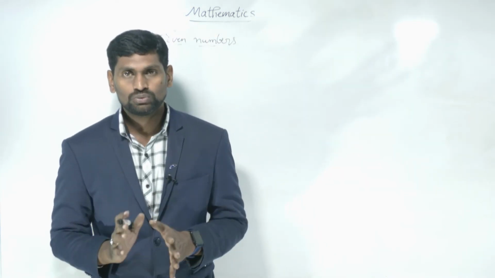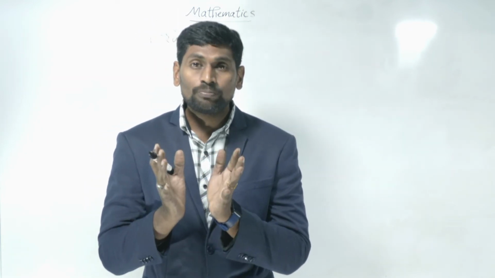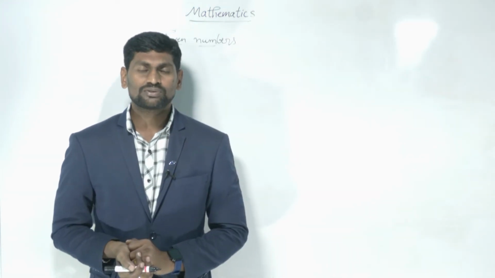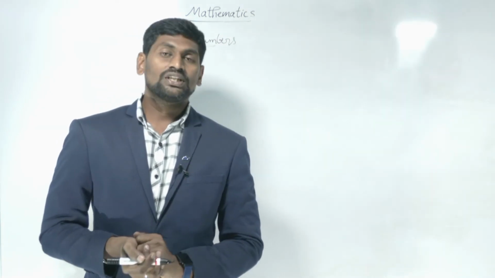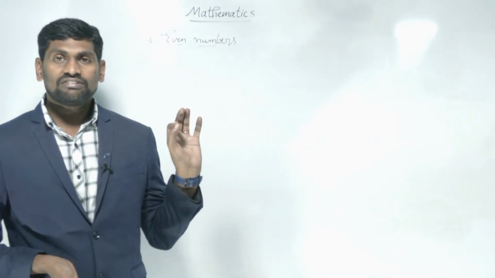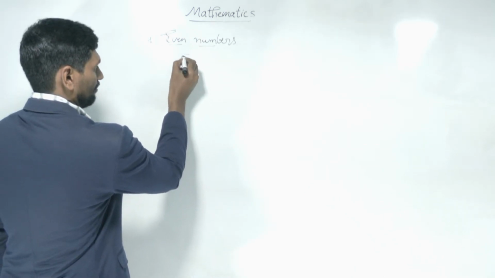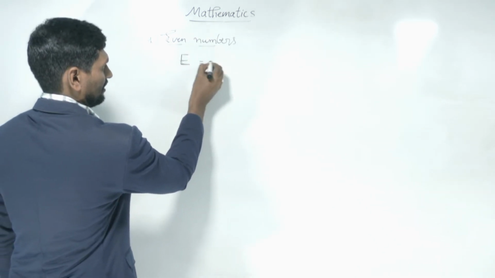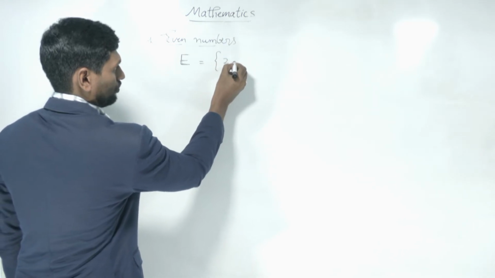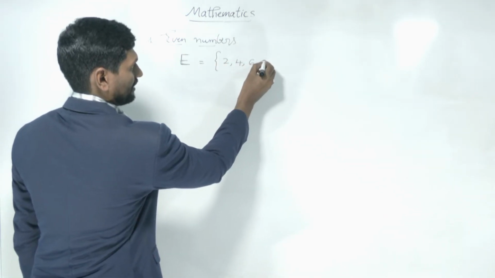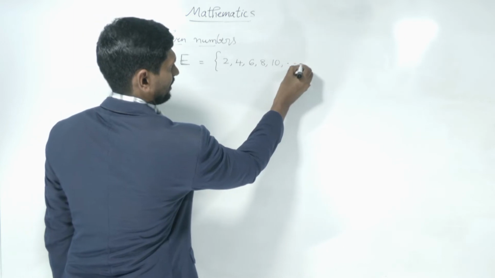Or the numbers which are exactly divided by 2, exactly meaning without leaving any remainder. That means the remainder should be 0. That type of numbers are called even numbers. They are represented with capital E. Like 2, 4, 6, 8, 10 and so on.